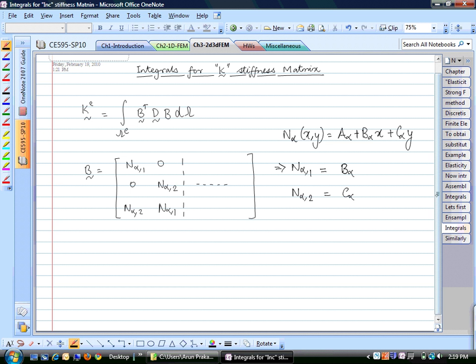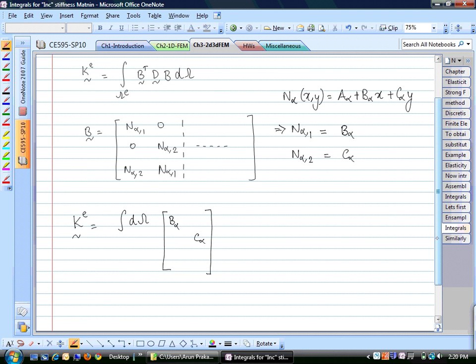So the element stiffness matrix would be nothing but the integral over the domain of B transpose, with b alpha, c alpha, and this needs to be the transpose of that.